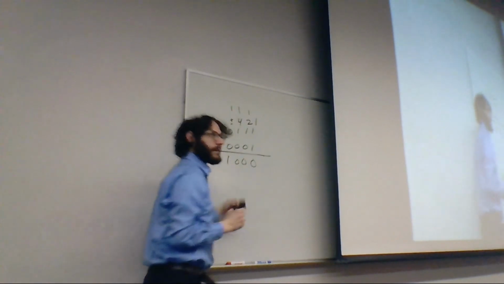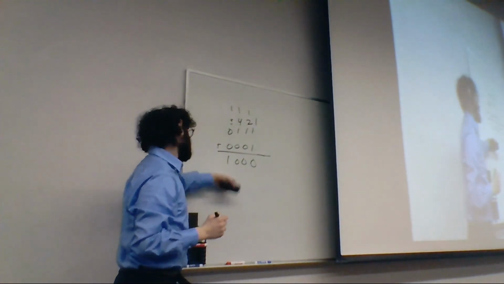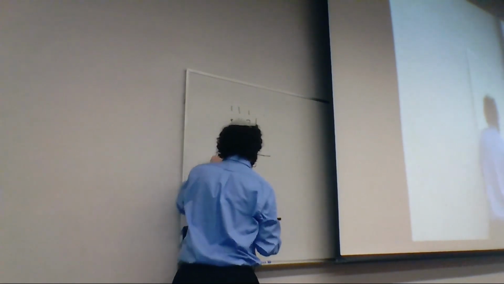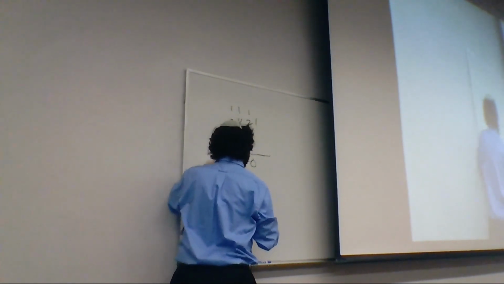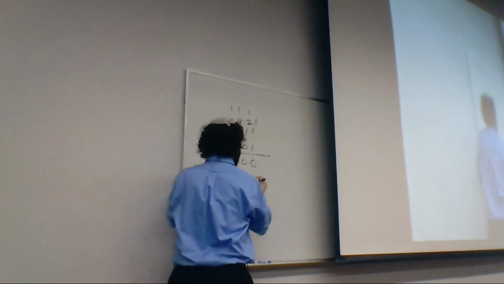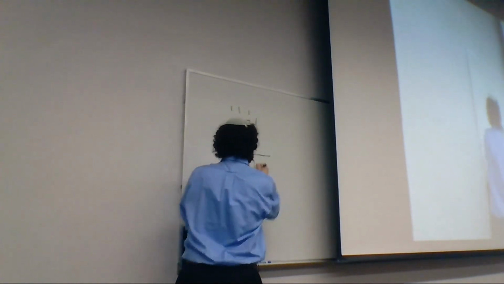And we end up with this number. What is this number? So to figure it out, we flip the signs. Sorry, we add 1 and flip the signs.